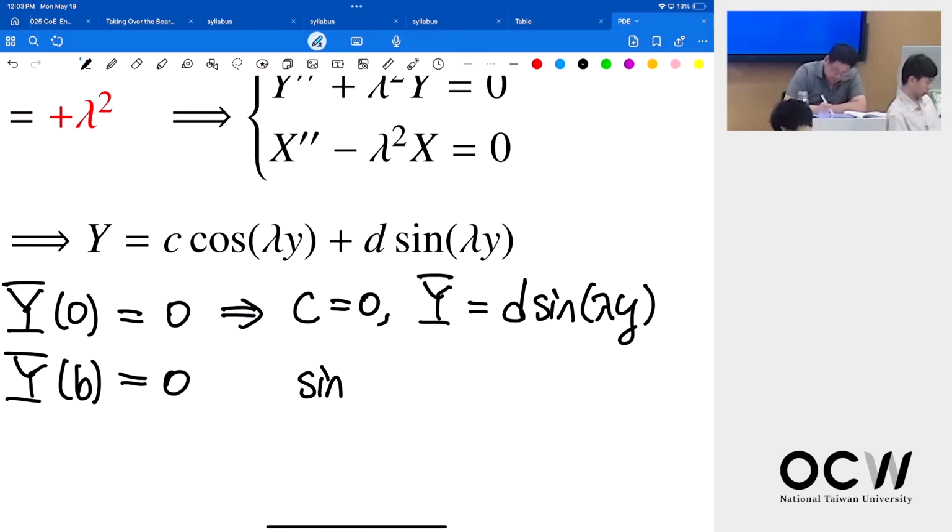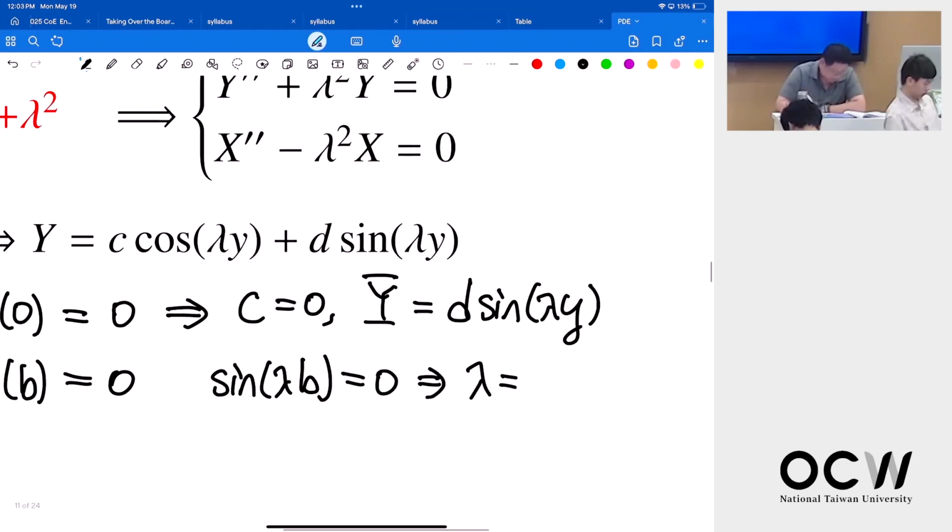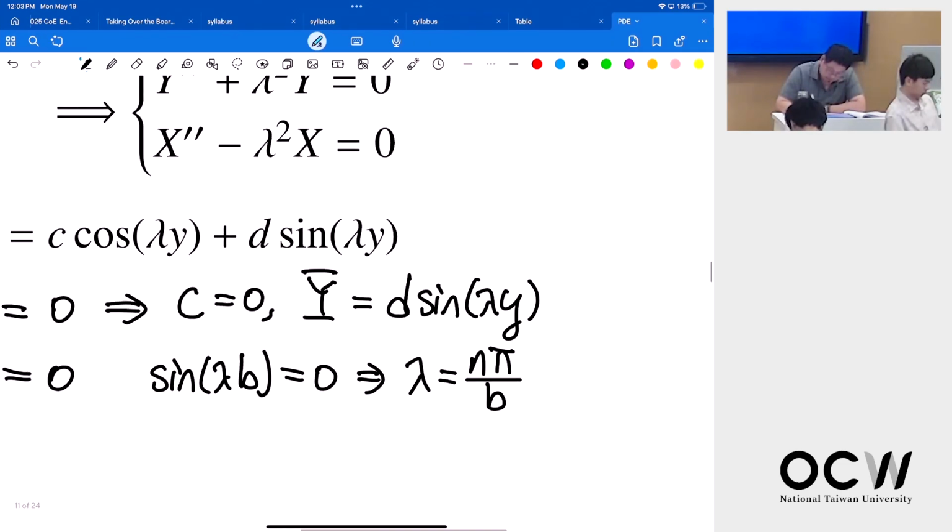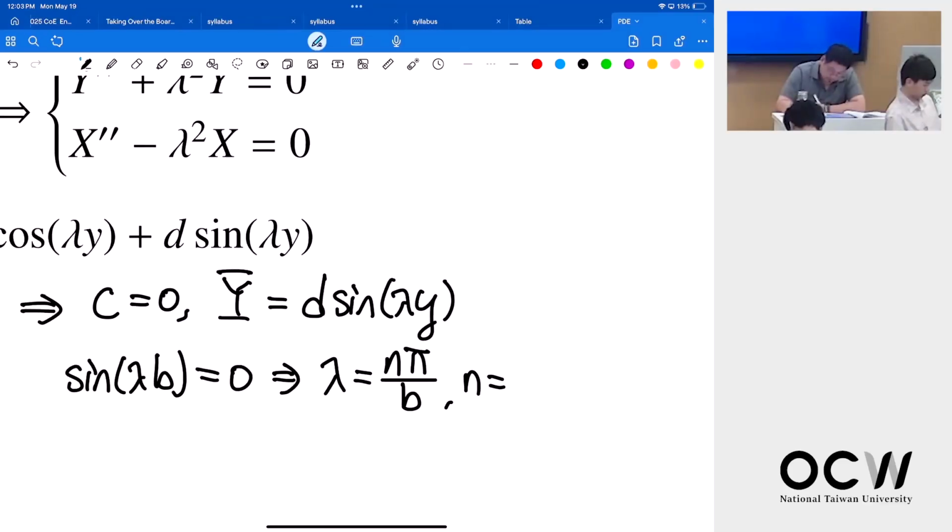Sine lambda b should be 0. Therefore, lambda should be n pi over b, and n is from 1 to infinity.